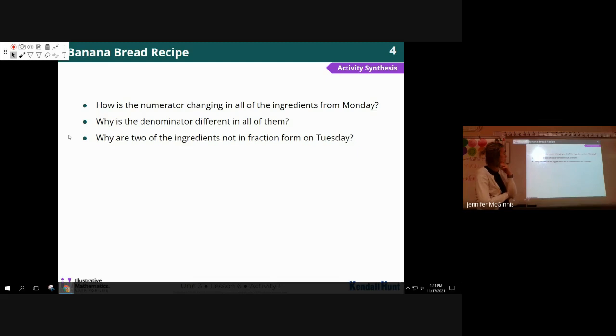Why are two of the ingredients not in fraction form on the back side? That's the front. Yeah. Why are two of the ingredients not in fraction form?